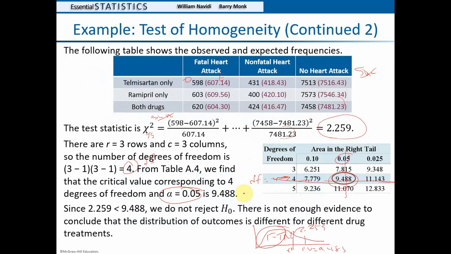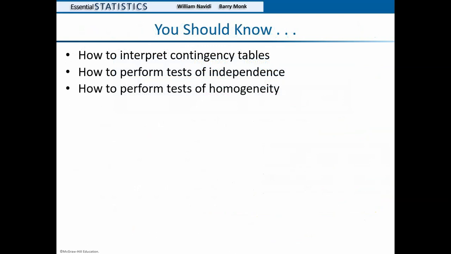So there is insufficient evidence to conclude that they're different, or to reject, there's insufficient evidence to reject that the distribution of outcomes is the same. So there's two different ways of saying the thing. We can't conclude that they're different. We can't reject the possibility that they're the same. Okay.